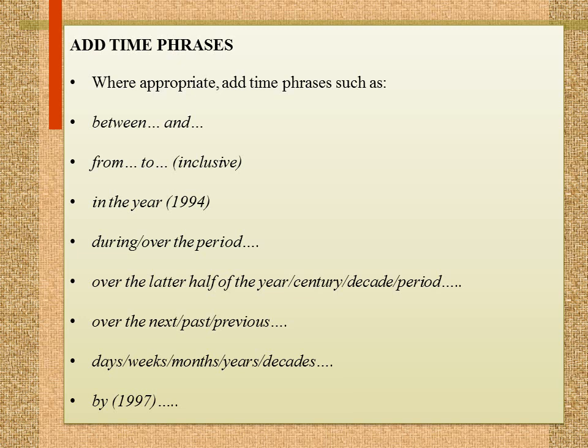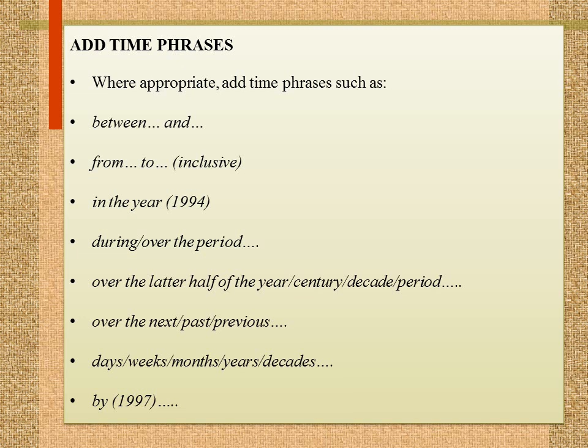In the year 1994, when you are talking about a particular year, during or over the period of time, you can represent that year over the later half of the century, or the decade, or the period. You can also use the previous years, the preceding year, or the post years. Over the next, past, previous are also time phrases, which are very interesting and important when you are using them in your data.